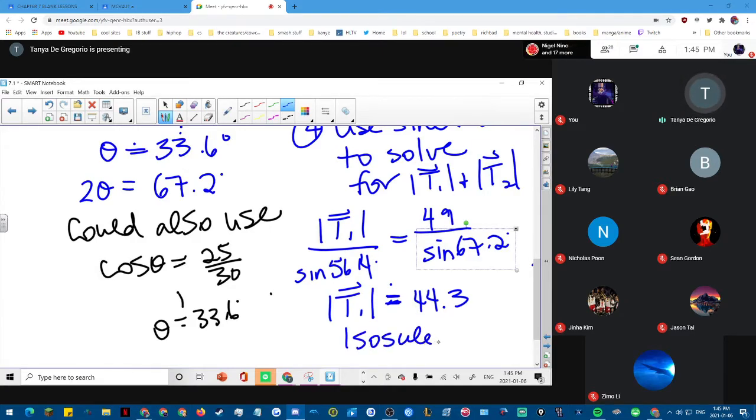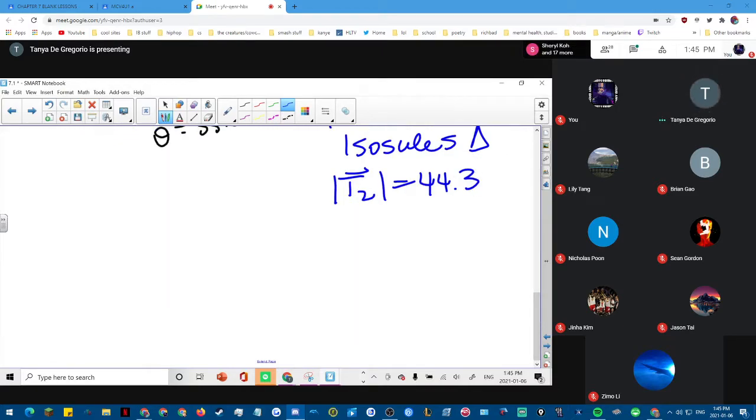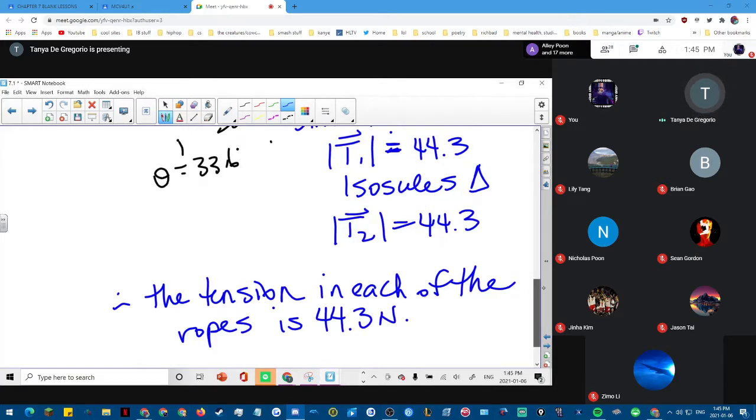And as we've already mentioned, we know tension 2 has to be the same. So we say therefore, the tension in each of the ropes is 44.3 newtons. Are there any questions?